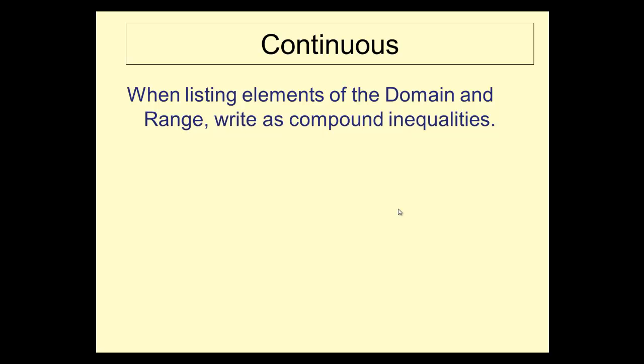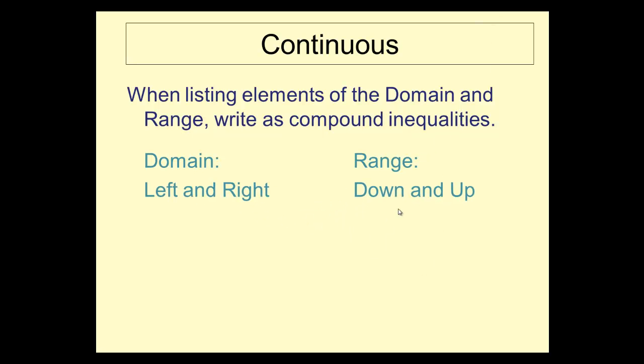Okay, so when we list the elements of the domain and range, we're going to write them as compound inequalities. And remember, a compound inequality is an inequality that has two different inequality signs. Domain is the x-axis, so we're always looking left to right when we're writing the domain.